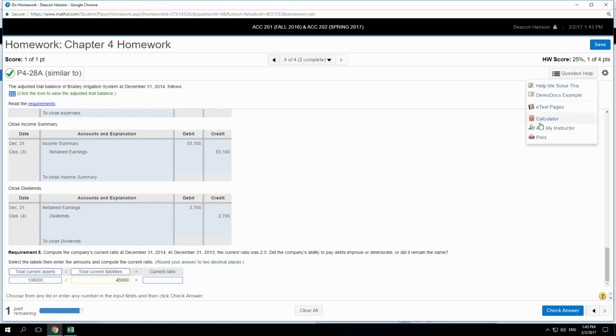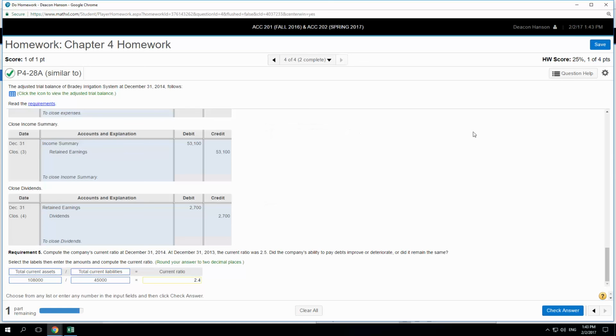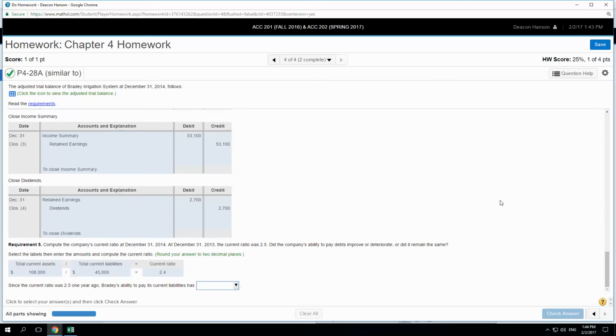If you took your calculator out, you could work it out. They have 3 zeros at the end, so I can truncate that. 2.4. So in your current assets, you have 2.4 times the amount that you have in your current liabilities. So this company is pretty well equipped to pay off its obligations that are coming due currently, okay?